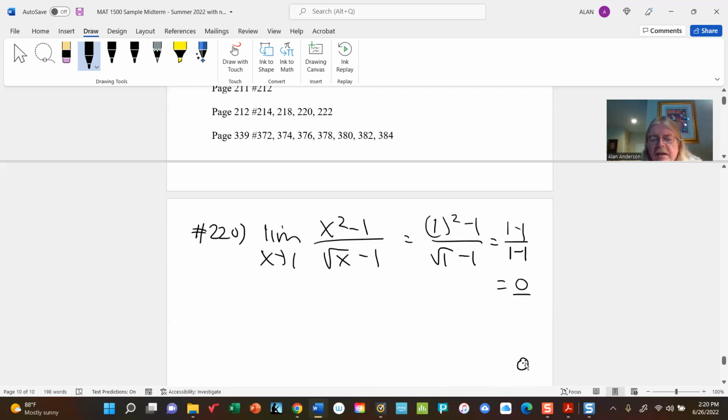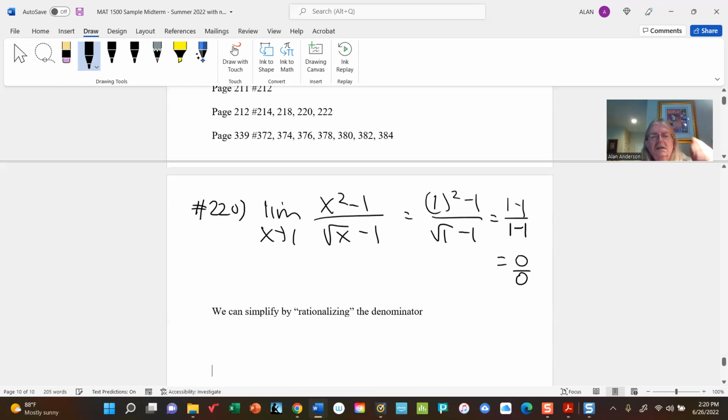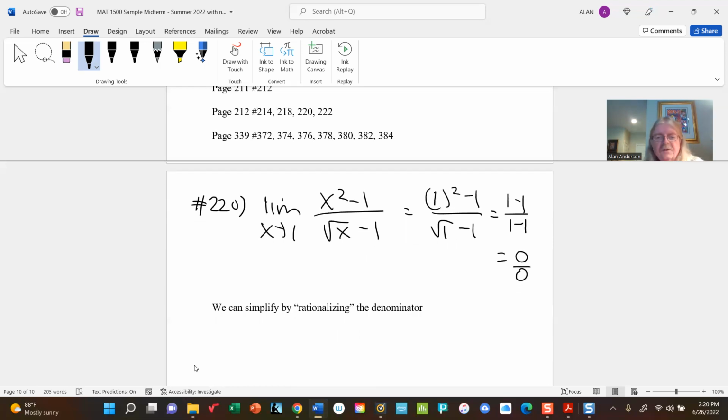There's a very specific technique we're going to use, and it's called rationalizing the denominator. And how do we do that? Well, remember, we introduced this concept a while back. These are known as conjugates of each other.